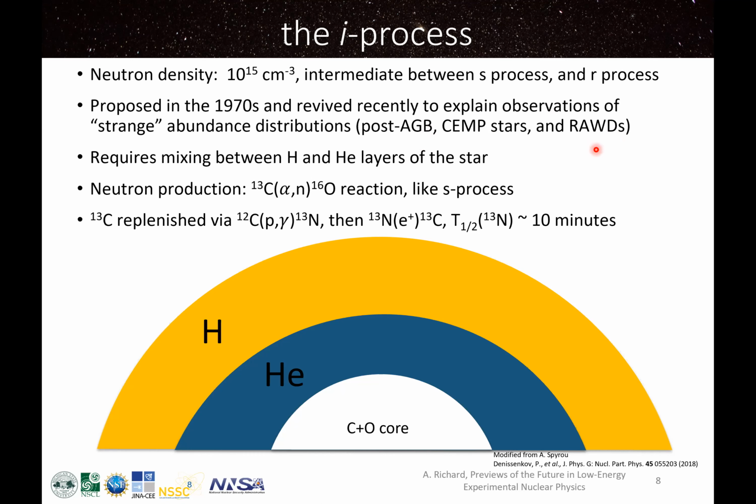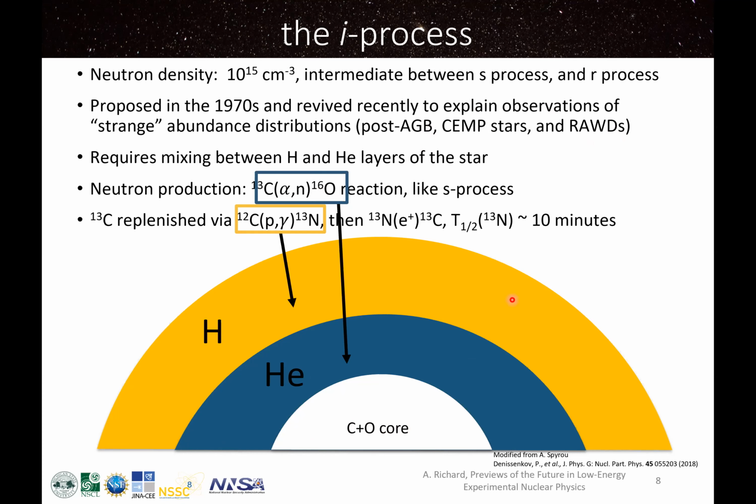What's important is that they have a similar makeup, which is shown in a cartoon here. They have a carbon-oxygen core, then a helium layer, and then a hydrogen envelope. The way that we get neutrons in this environment is through the carbon-13(alpha,n) reaction, which is very similar to the S process.